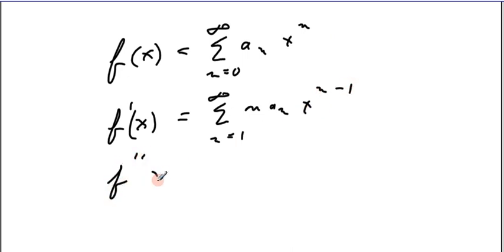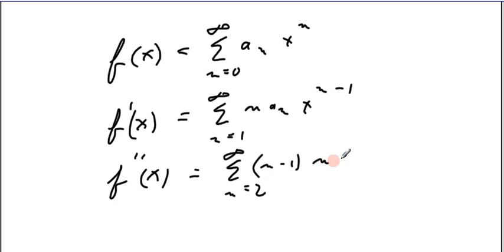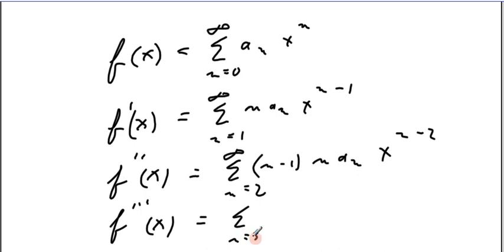And the second derivative is going to be the summation n equals 2 to infinity of n minus 1, n a n x to the n minus 2. And the third derivative of the function is going to be the summation n equals 3 to infinity of n minus 2, n minus 1, n a n x to the n minus 3, and so on for as many of those as we need.